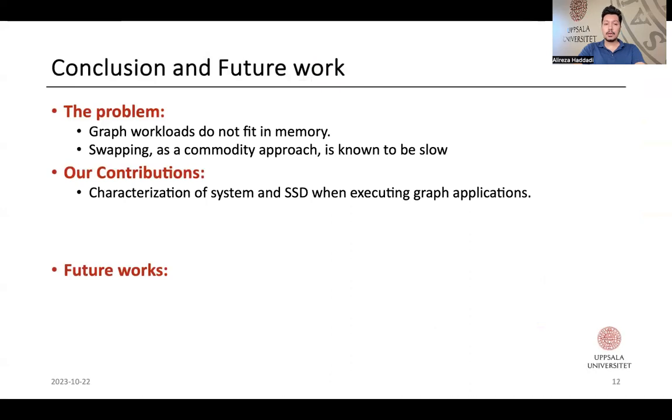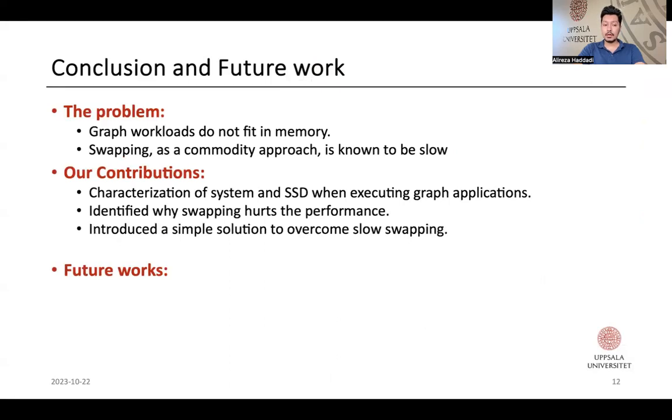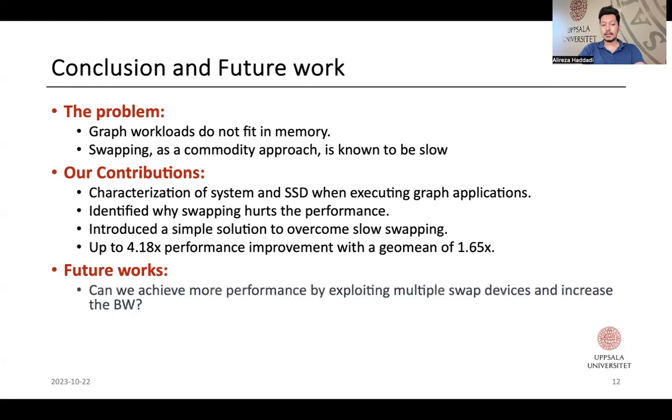Our contributions in this work were doing a characterization of the system and SSD when executing graph applications, identifying why swapping hurts the performance, and introducing a simple solution to overcome slow swapping, which led to up to 4.18x performance improvement with a geo mean of 1.65x.